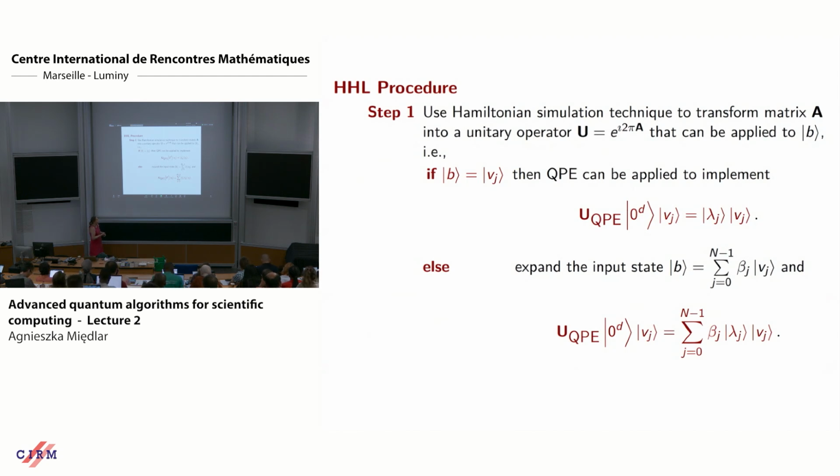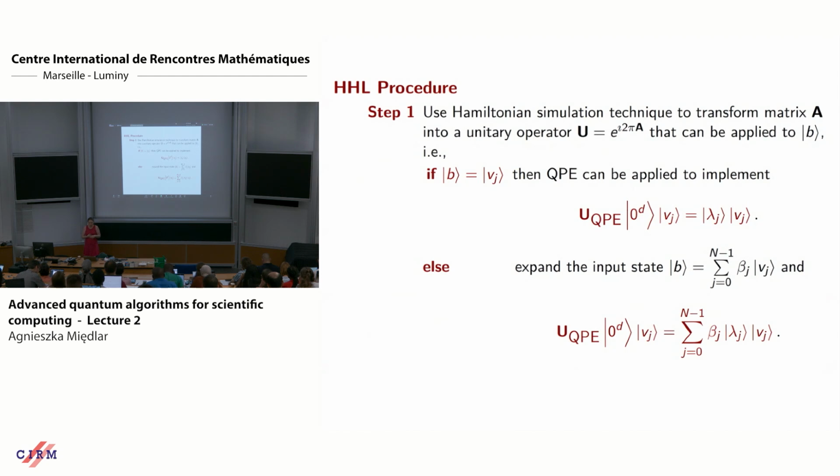And you have to, in a classical way, if we think about the iterative algorithm which we try to mimic, we always want to have an algorithm which only uses matrix-vector products. So you have to be able to apply your matrix to the vector. So here we want to be able to apply our operator to the state. So if your b is an eigenvector, then it's a trivial implementation.